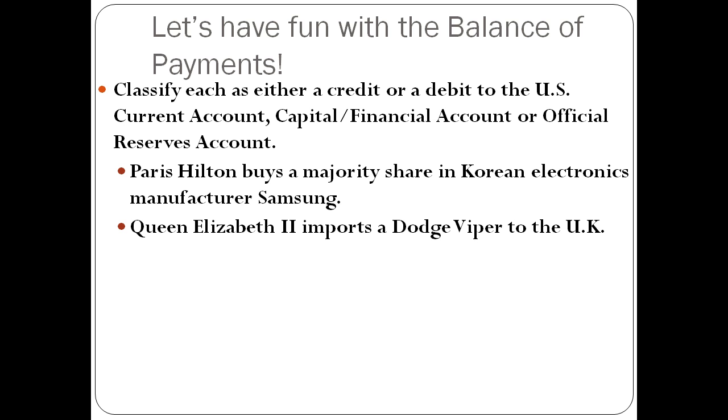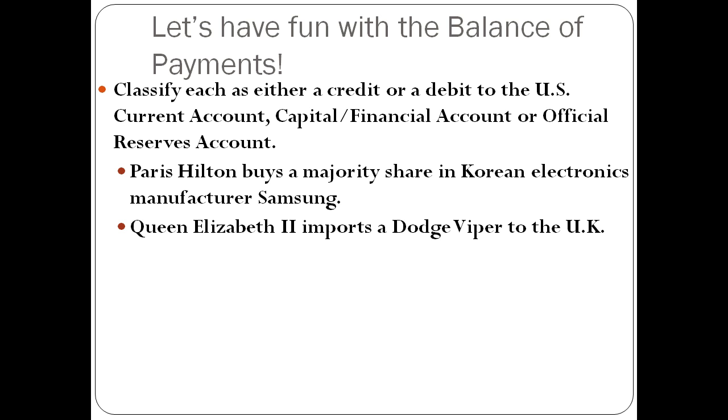Queen Elizabeth II imports a Dodge Viper to the UK. Now remember, we're looking here from the view of the United States. So if Queen Elizabeth II is importing something, then the United States is exporting something. And so we're talking imports, exports here. So as far as which account it is, it's definitely going to be current account.